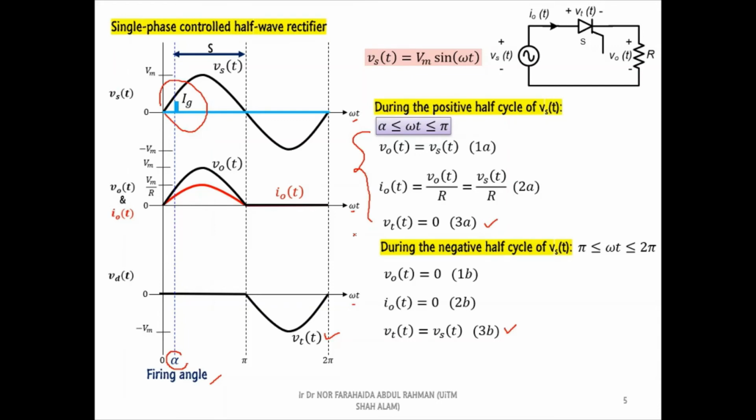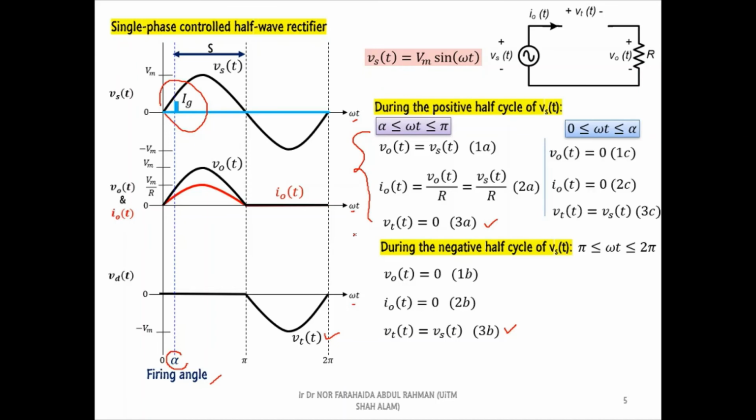Because of that, we must consider the operation of the rectifier before the firing angle. Since the rectifier is turned off before alpha, we can remove the thyristor from the circuit, and we can have these equations by analyzing the circuit.